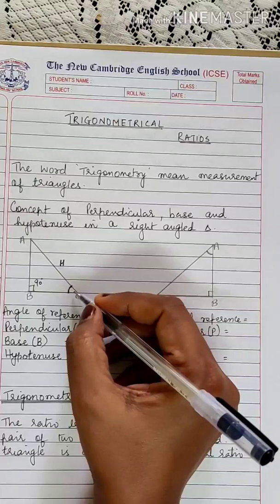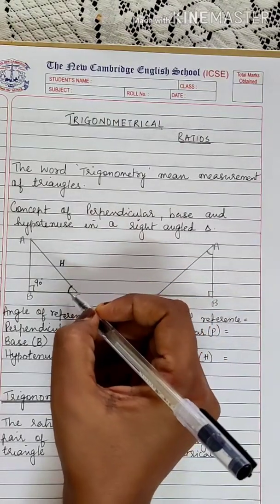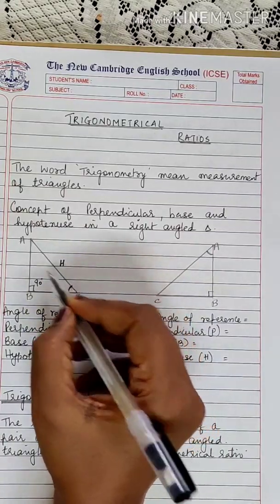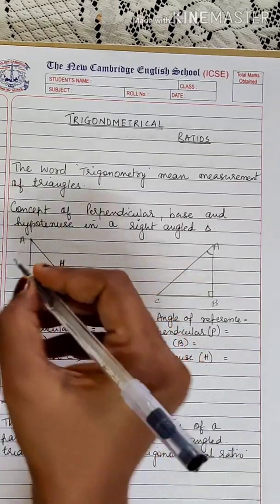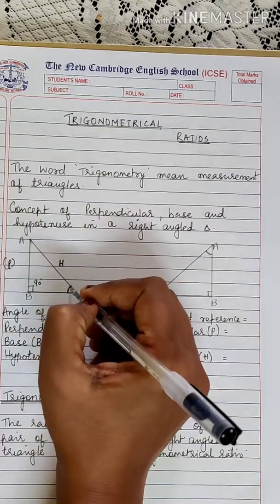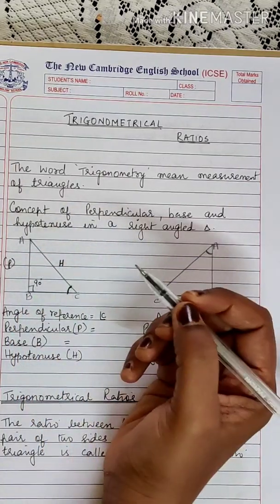When angle C is the angle of reference, the side opposite to angle C is AB. So we call this side the perpendicular. So the side opposite to the reference angle is the perpendicular.